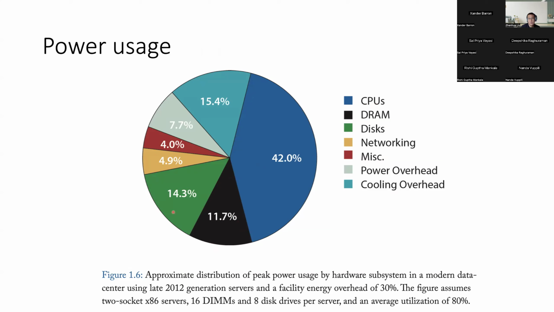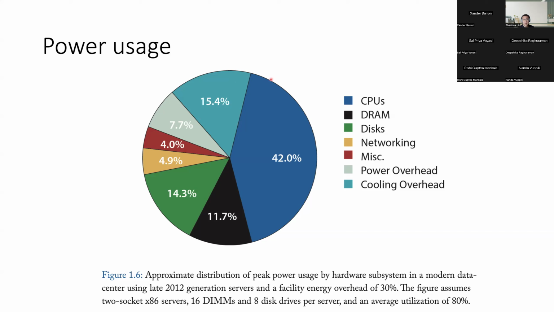Disk is similar. Network and others similar. And the power and cooling, you see these two parts combined is less than a quarter. So this is already a very good data center, because as we know the power overhead can easily become like a third or half of the power usage.